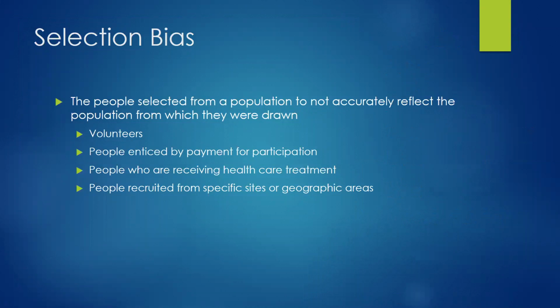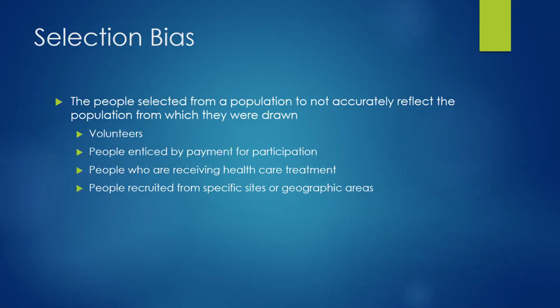Another way that we can get systematic error is by having selection bias. That is a situation in which we select people from the population that don't accurately reflect that population. This can happen if we just invite volunteers to join our study, or if we only collect information on a sample of volunteers.